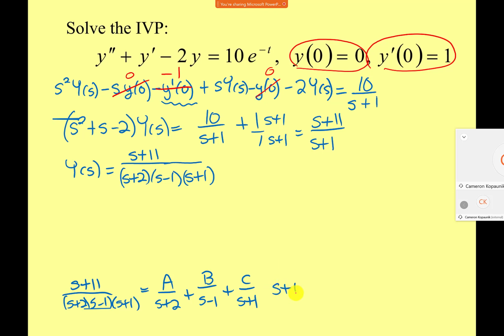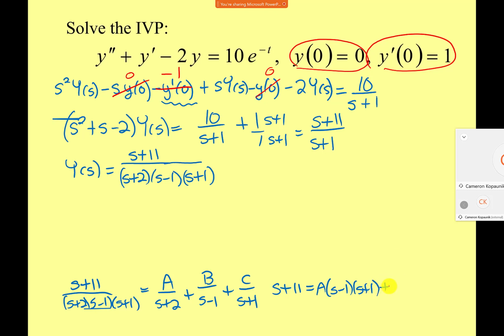So we got s plus 11 equals, so basically I'm multiplying A by (s plus 2)(s minus 1)(s plus 1). And the s plus 2's cancel, so A is going to have s minus 1 and s plus 1 on it.